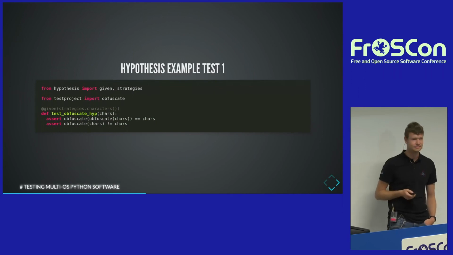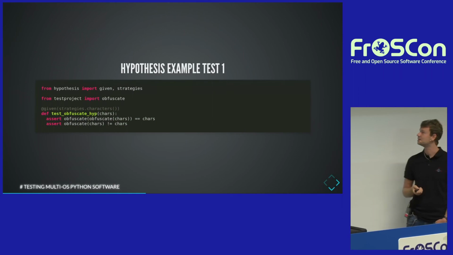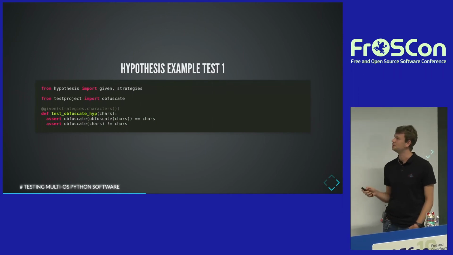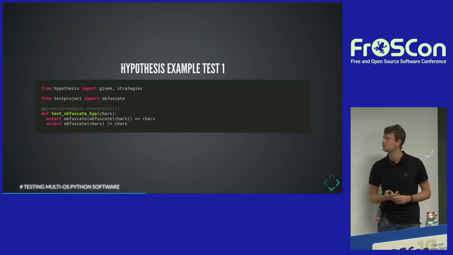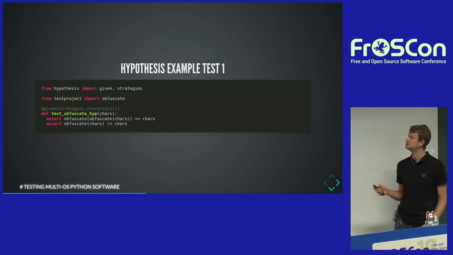And here's an example. So we come back to this obfuscation function we defined before. And now we need some more imports from Hypothesis, which is just a Python module or library that you can install. You can import given and strategies.